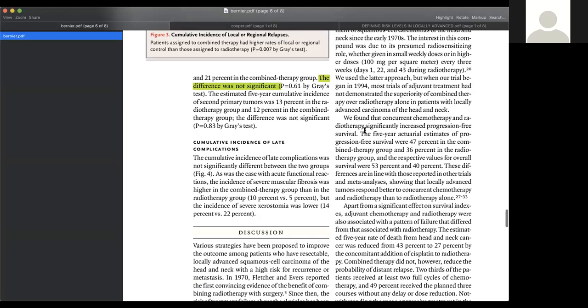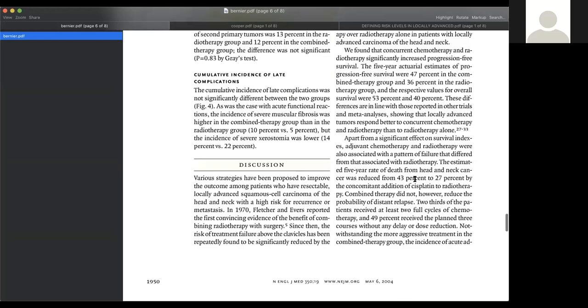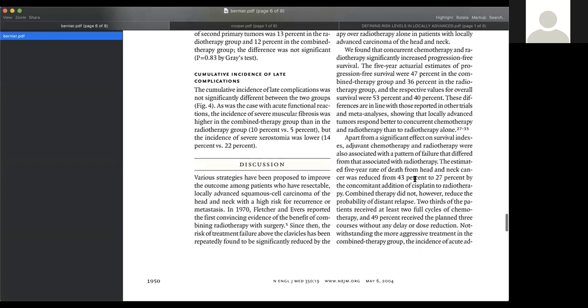And then they've also looked at their results, and they have compared their results to radiotherapy alone based on previous trials also. So there's nothing speculative in the whole discussion section. They are comparing their own results with results that have been published so far. And they've also looked at the drawbacks of their paper.